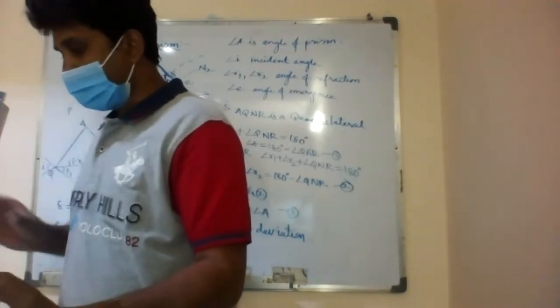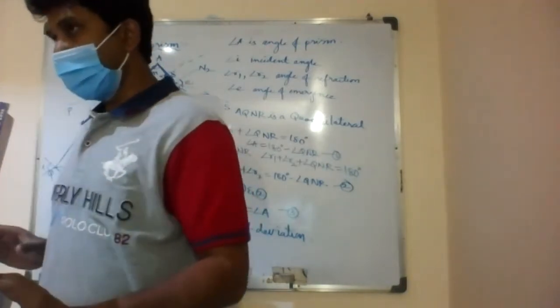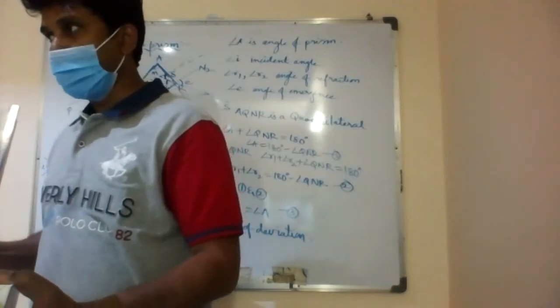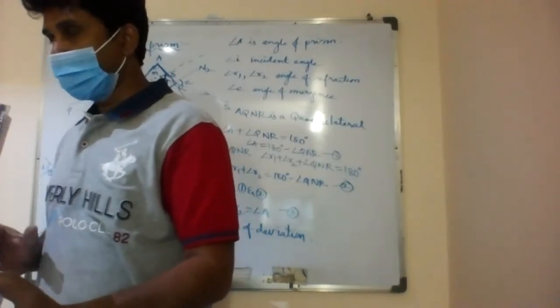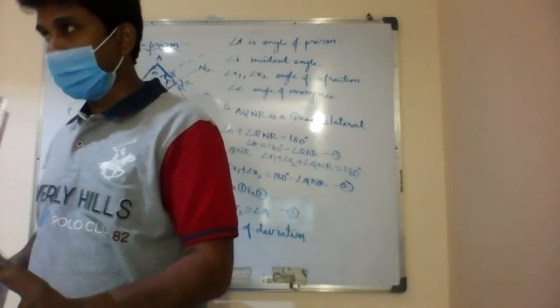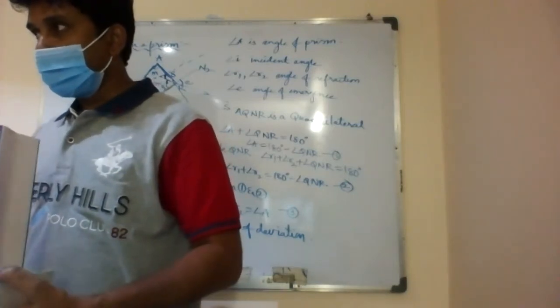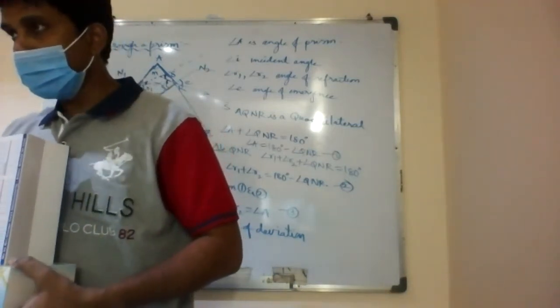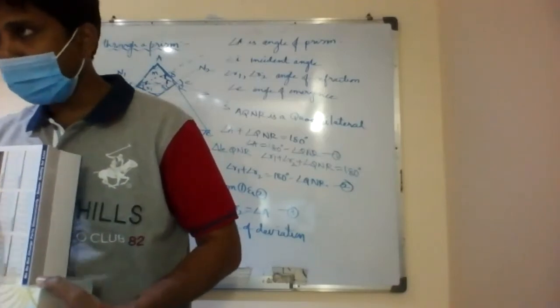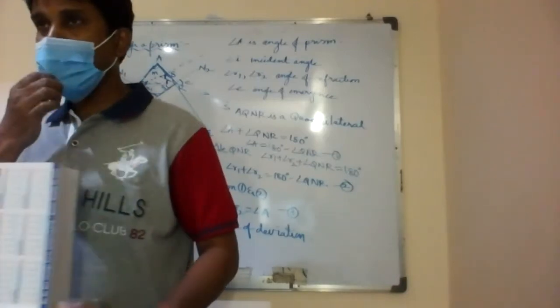There are two tubes, one here and one here. One is the collimator, from where the light will enter; it makes the beam parallel, that's its purpose. And from here you can see there is a telescope also. Even without the telescope you can see a very fine bright line.